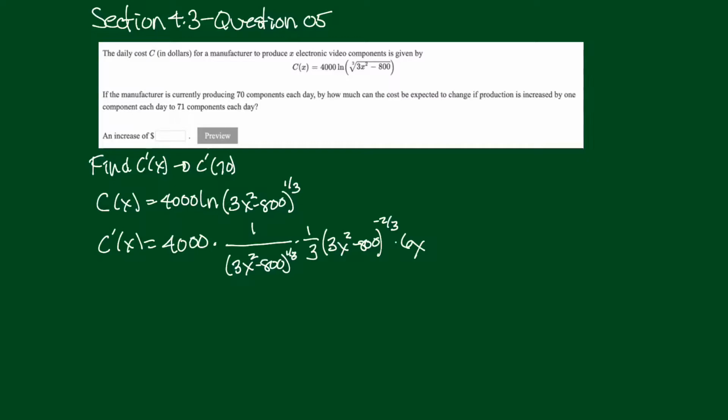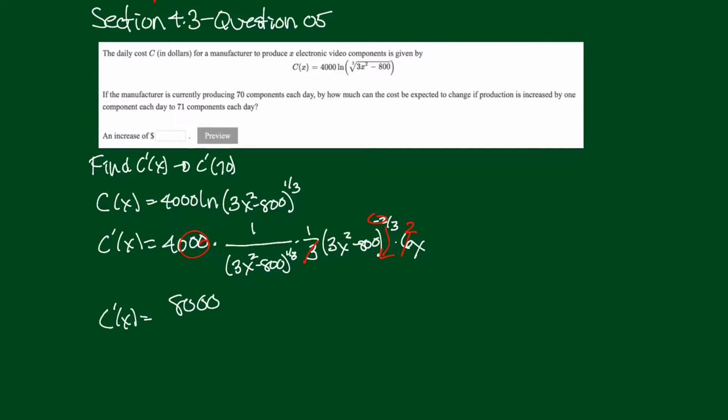So we've got the calculus part done. Let's see if we can fix it up a little bit. First of all, I noticed that this 3 will go into that 6 twice. This is a negative exponent, so let's bring this thing down. And then I've got the 4,000 times that 2. So I'm going to write this now as C prime of x equals the 4,000 times the 2 is 8,000.